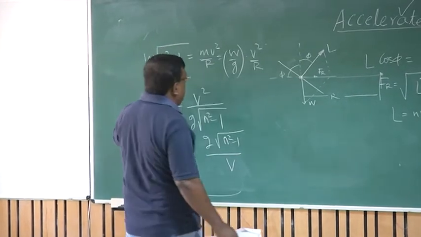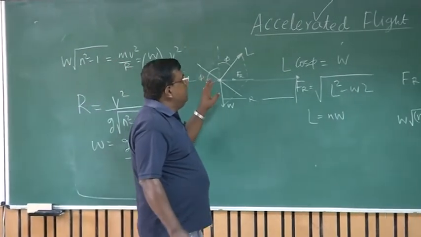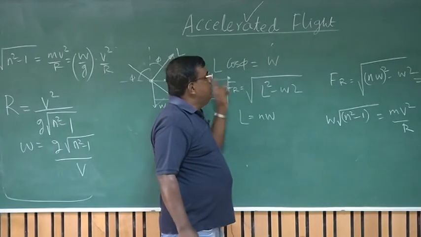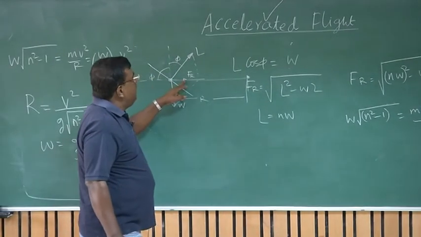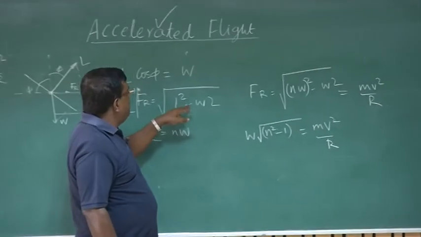So we are happy about it. Do not forget here, some component of weight is also coming in this case. The Fr, if you see, is the square root of L square minus W square.